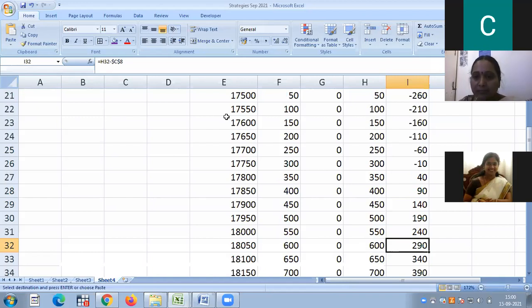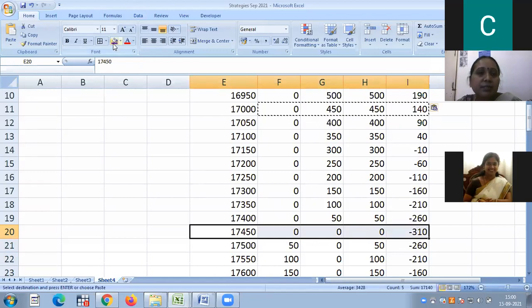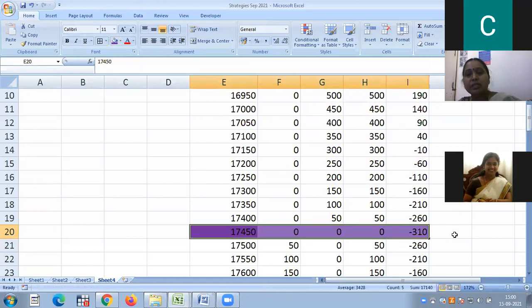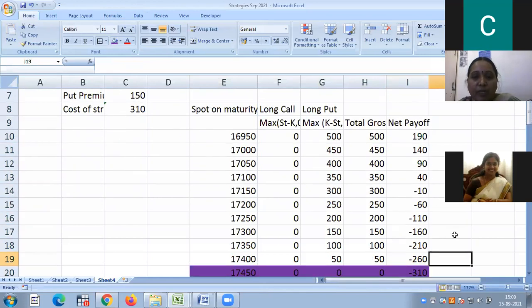Second thing is, where is your maximum loss? This is your maximum loss. This is the point where you are incurring maximum loss. Am I correct? Do we have any other maximum loss? No. This maximum loss is equivalent to how much? Carefully look. Premium. Cost of straddle. Cost of strategy, the premium that you paid.